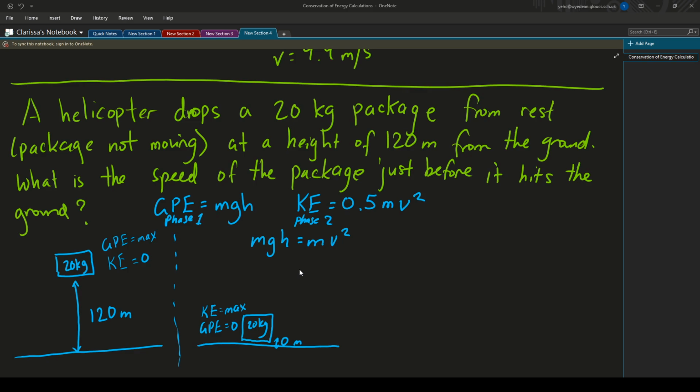Depends on what you mean by big number, but yeah, it should be a big-ish number, and whatever number you have for GPE would then be taken to be the same as the kinetic energy in phase 2.